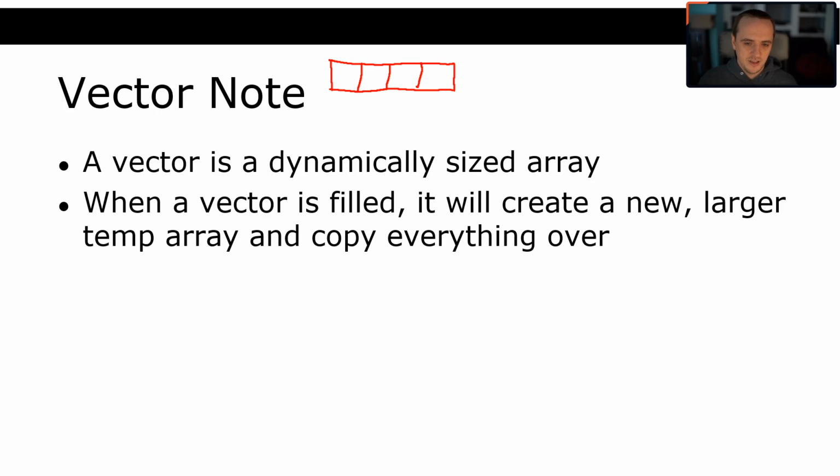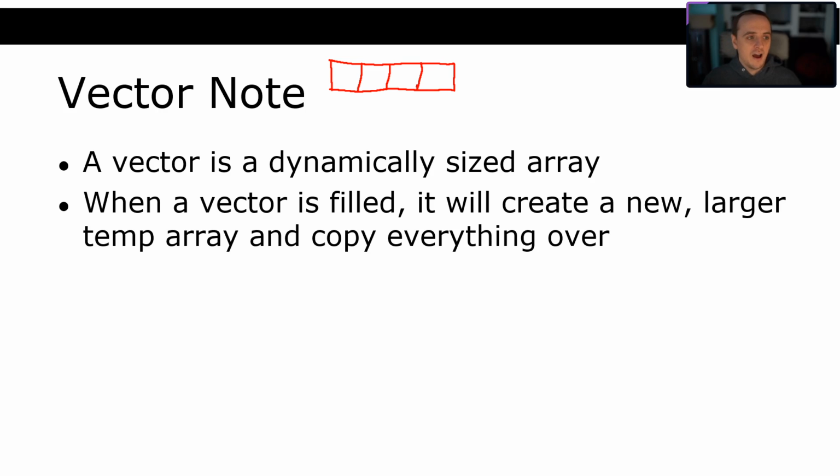And the capacity is the overall size of the array which it is internally storing. So for example, if I make a new vector, its internal array has to have some initial size, right? So let's say that initial size, or its initial capacity, is equal to 4. So the underlying array inside the vector has a capacity of 4.